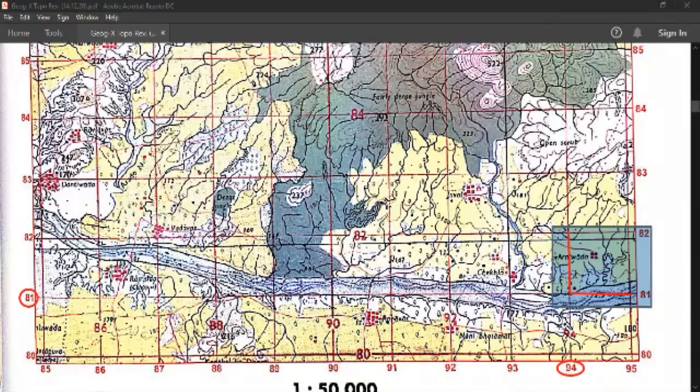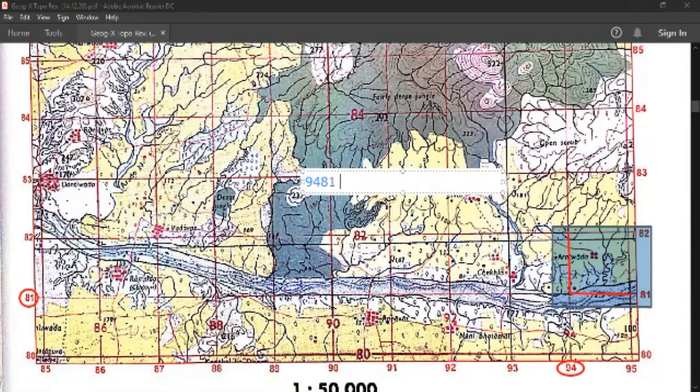While mentioning the four-figure grid reference, first of all, we will write the easting value, that is 94, and then the northing value, which is 81.